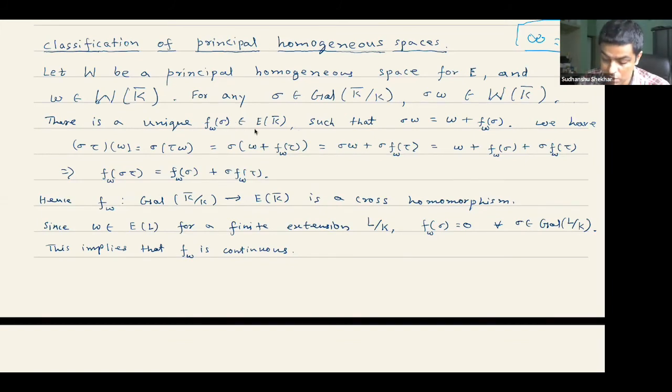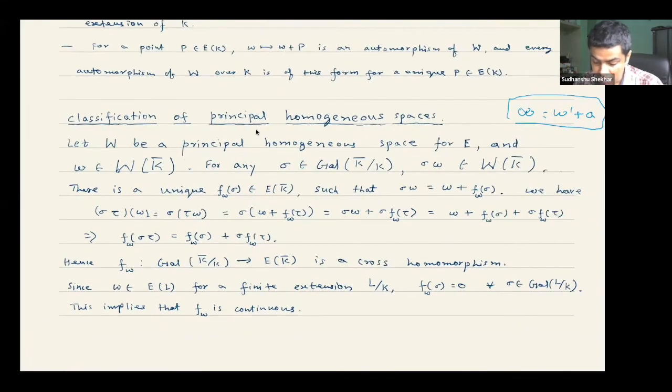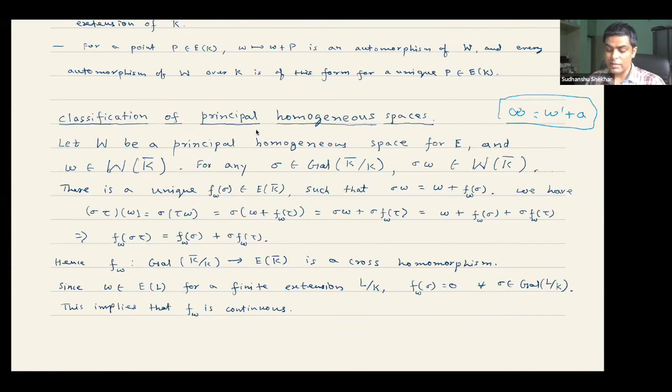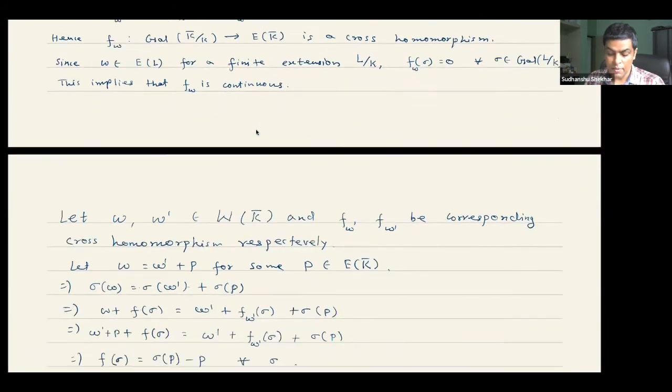Okay, so given an element W in a principal homogeneous space capital W, we get a cross homomorphism associated to it. And in fact, using the fact that the space itself splits over a finite extension, we immediately see that this homomorphism is also continuous.